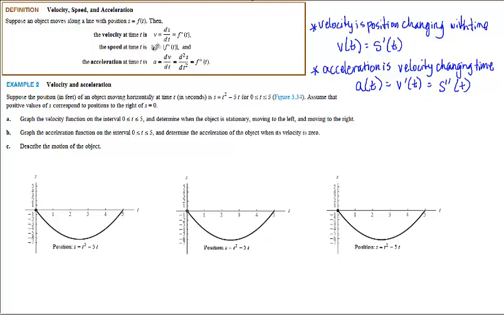And then speed doesn't take into account direction. Notice in that other problem we were talking about east is positive and west is negative. Speed would negate that direction. So let's see what we're looking at here. We're given some sort of object and it's moving horizontally, and here is the function that it's moving from 0 to 5 seconds.